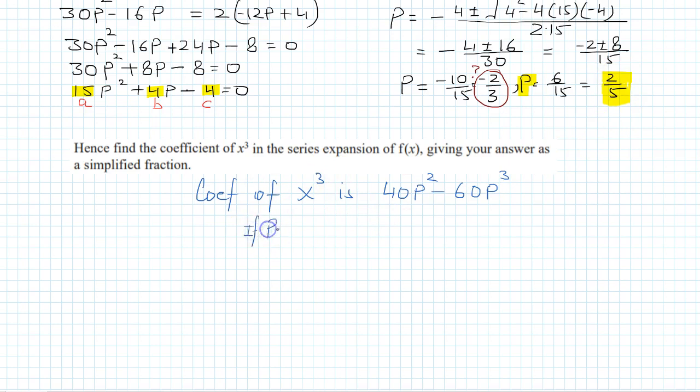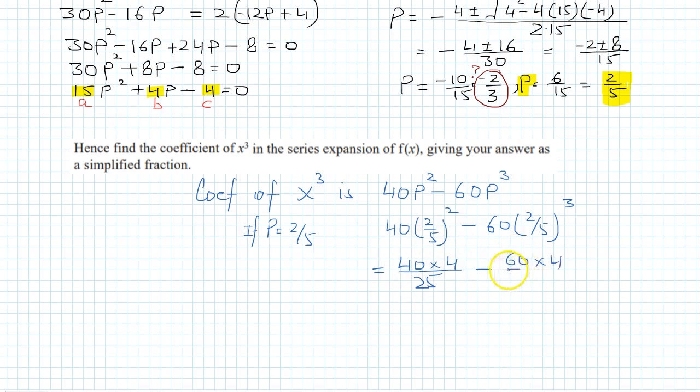So if p is equal to 2 over 5, this is equal to 40 times (2 over 5) squared minus 60 times (2 over 5) cubed. So that is equal to 40 multiplied by 4 over 25 minus 60 multiplied by 8 over 125.